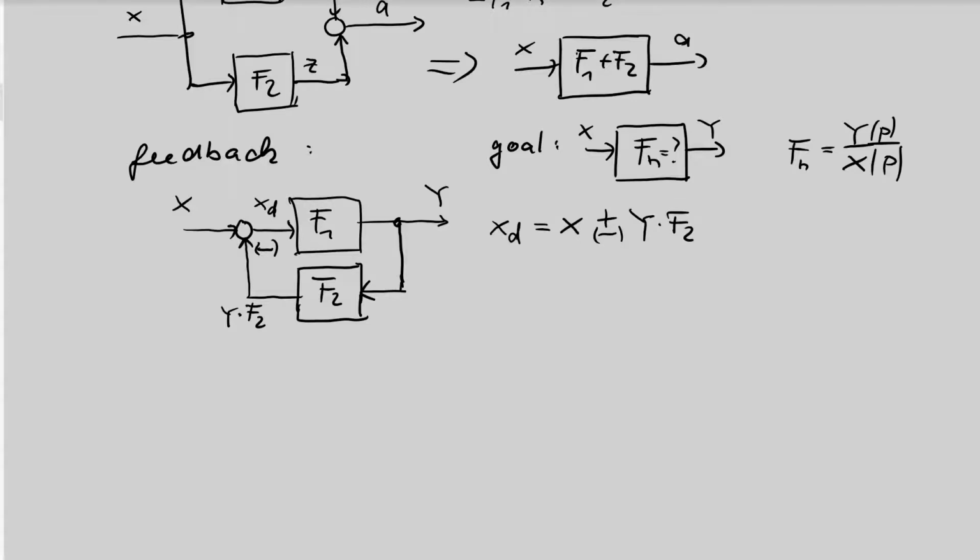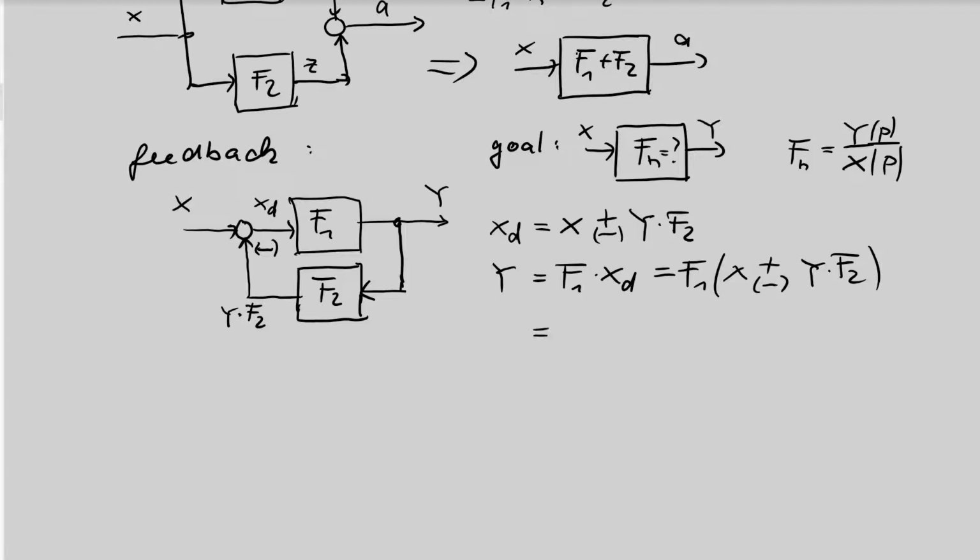And finally, you can say this output is F1 times input, so Y is F1 times Xd. Now I replace the control difference with the previous equation, so we have F1 times Xd, and Xd is X plus or, in parentheses, minus Y times F2.